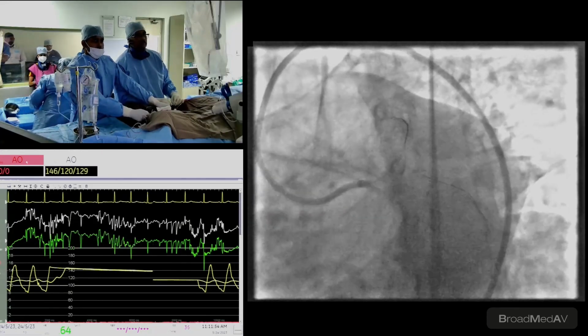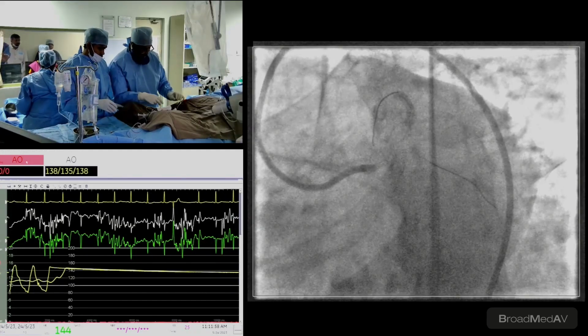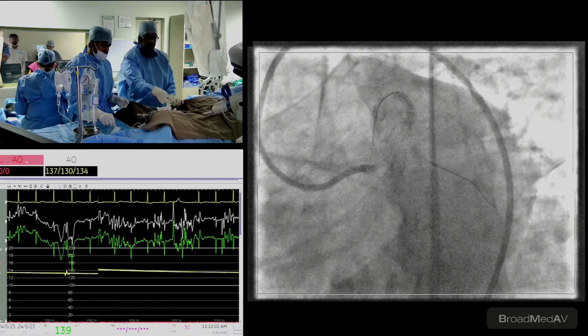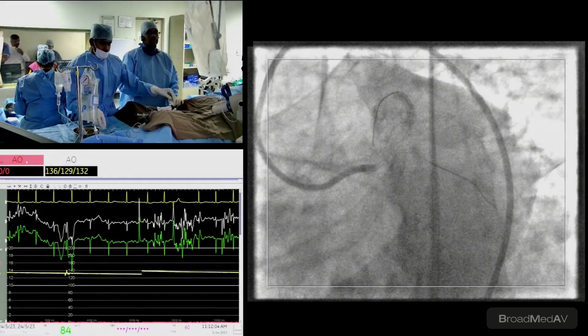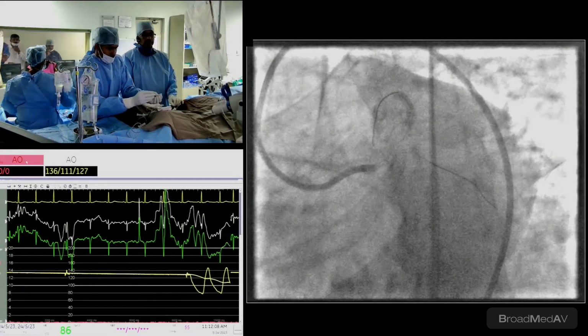Okay, so I'm just going to go down. Okay, now let's go to the cranial. So this is the circumflex wire. You can keep that thing on that, drop it on that. And we'll take a shot now. The cranial.